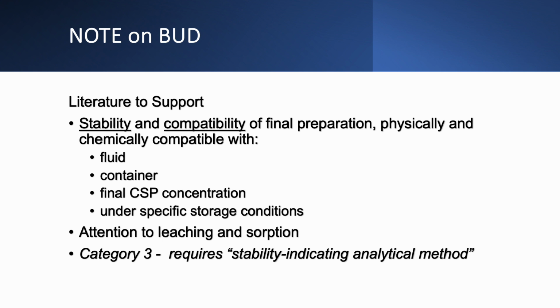Now, for Category 3 compounds, we have to remember that this is an extreme requirement. Literature must be there to support the beyond use date of a Category 3 compound, and it must have a stability indicating analytical method referenced in that stability study.